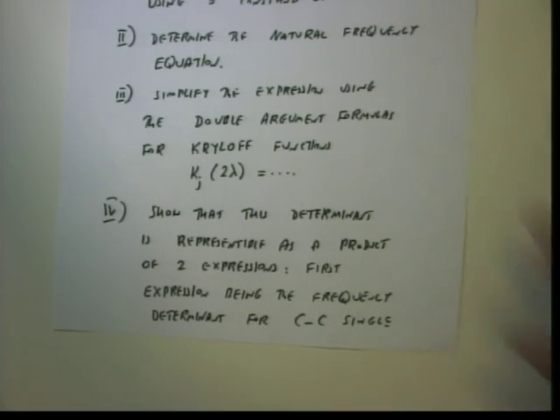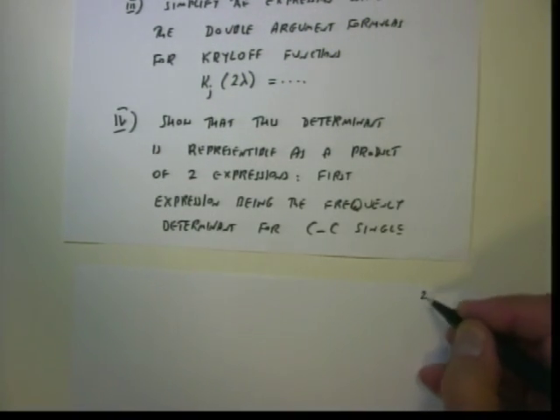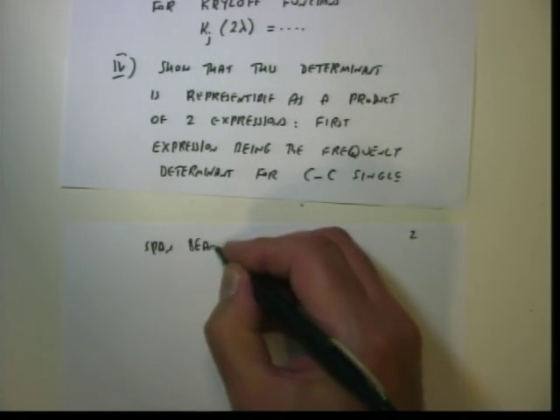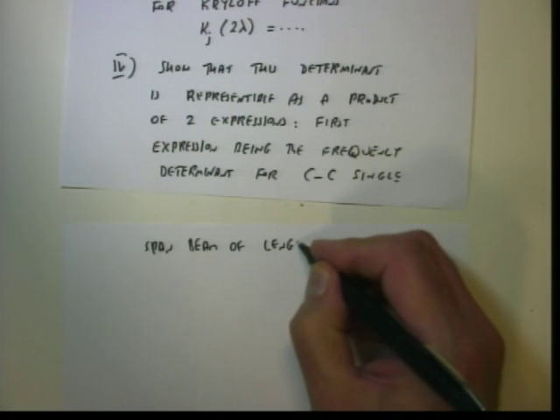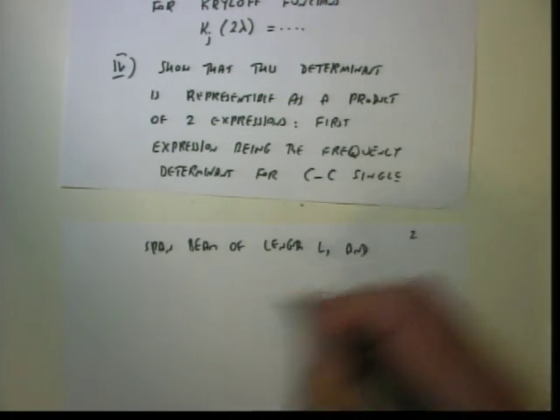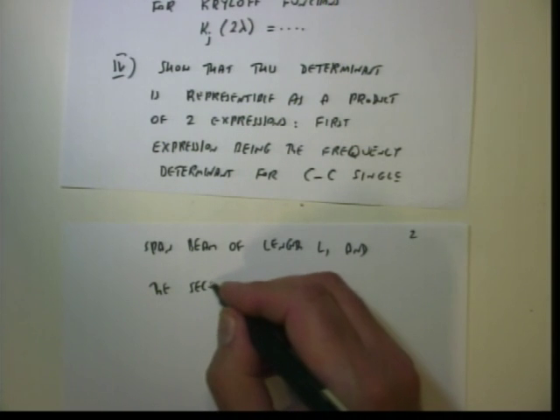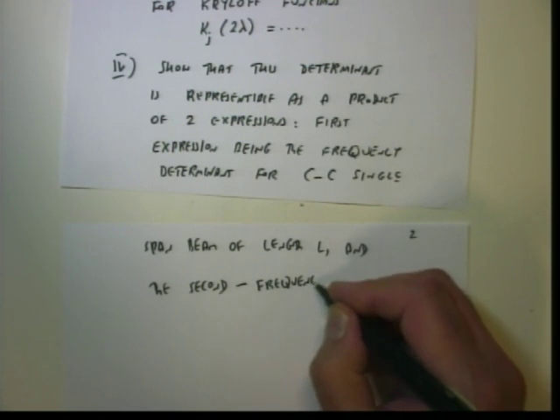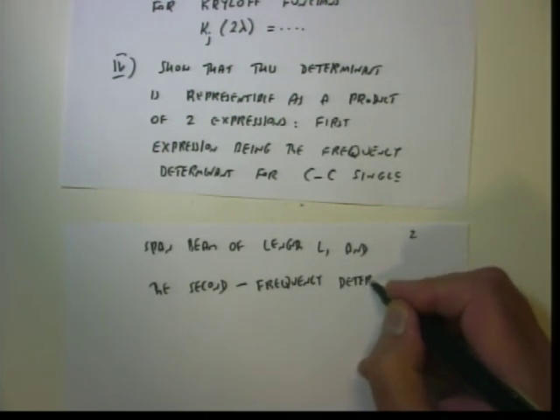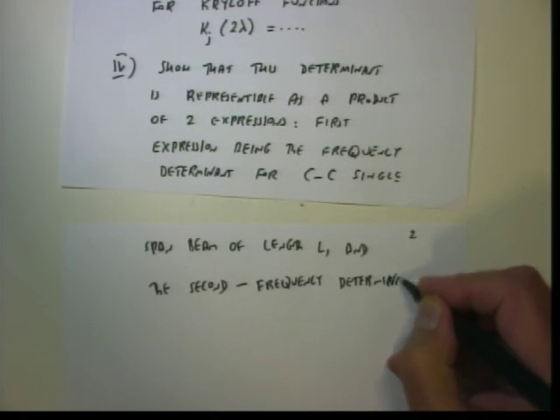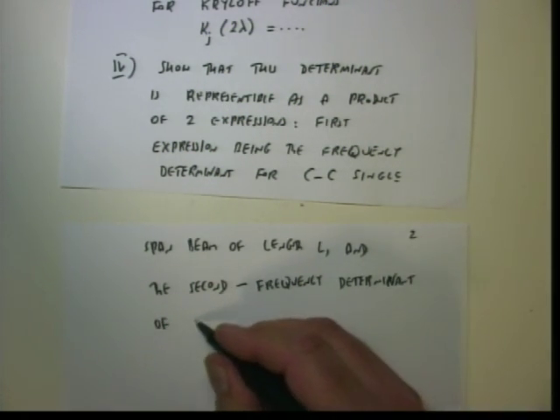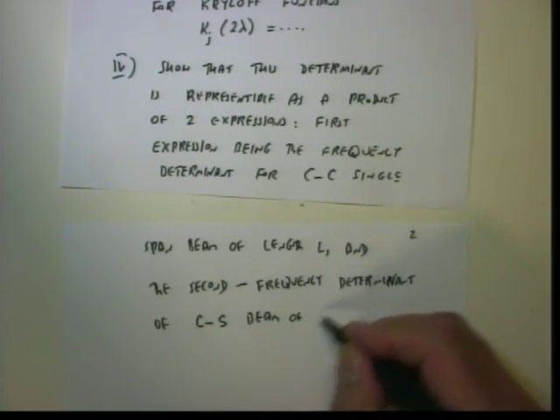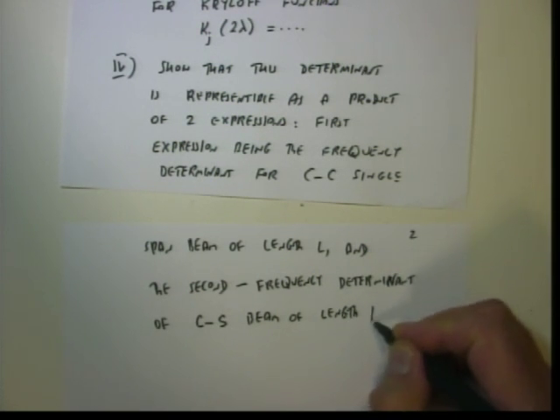The first is the frequency determinant of a clamped single span beam of length L. And the second, frequency determinant of a clamped simply supported beam of length L.